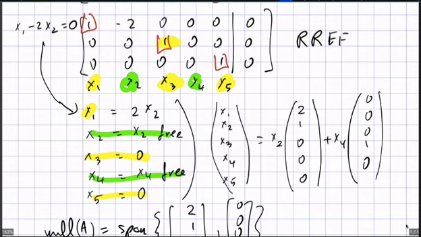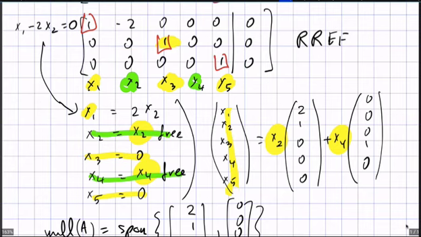So writing this in a vector form, we can factor out the free variables x2 and x4. And we get that in the first component we have 2x2, 1x2 in the second component, and 0 x2s in the rest.